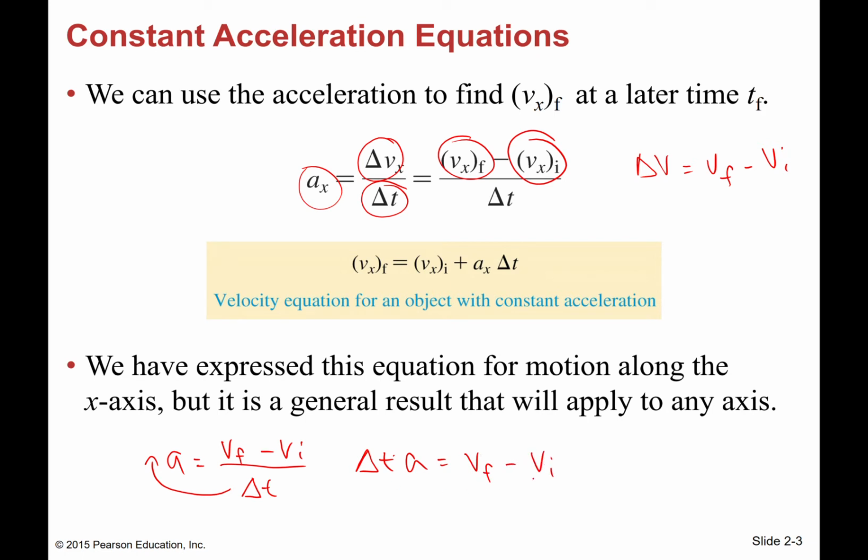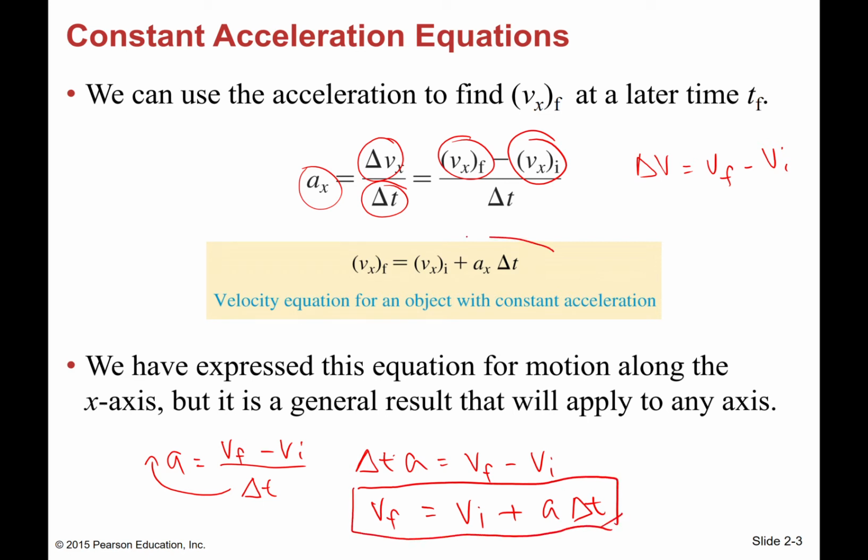And then we can rearrange this equation and write that the final velocity is equal to the initial velocity plus the acceleration times delta T.